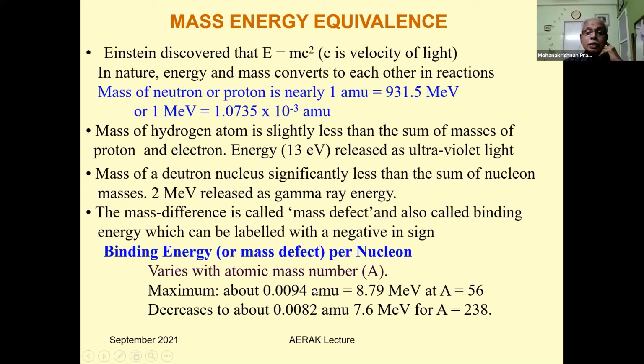The maximum is reached at about atomic number equal to 56, that is 8.79 million electron volts per nucleon. And this reduces to 7.6 MeV per nucleon at the uranium nucleus. So this is the reason for the energy release in nuclear fission.